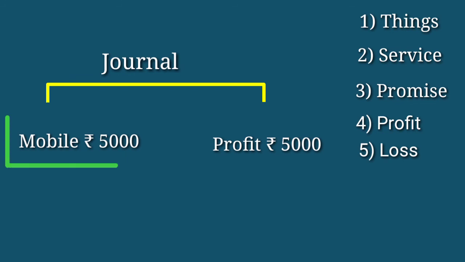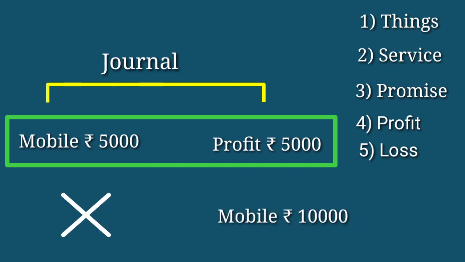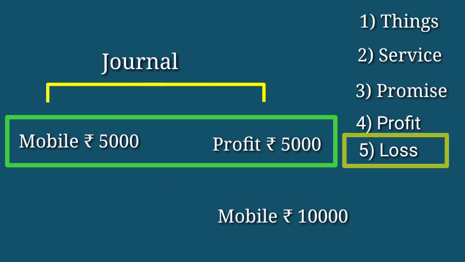Clear? Same way, you have a mobile whose cost is 10,000, and you lost it. At that time you lost the mobile, but you are not getting any things, any service, any promise because you lost it. So you can say that is your loss. The 10,000 is your loss.